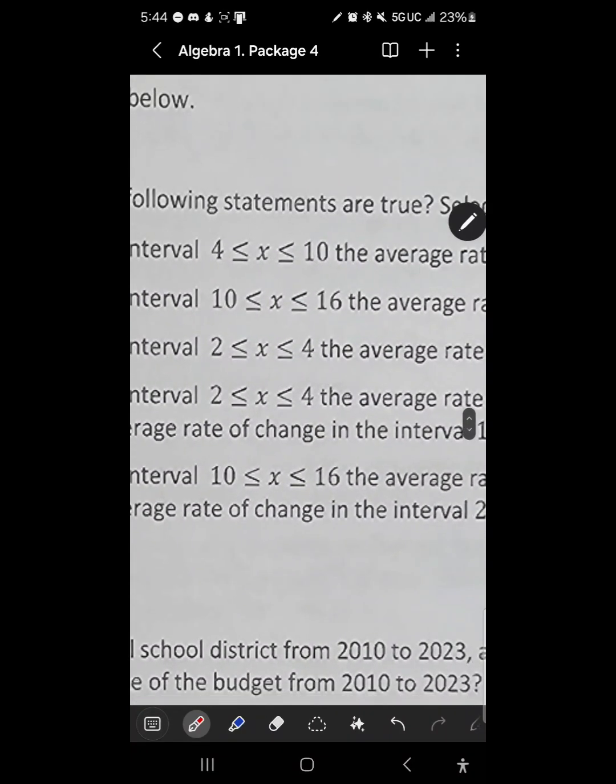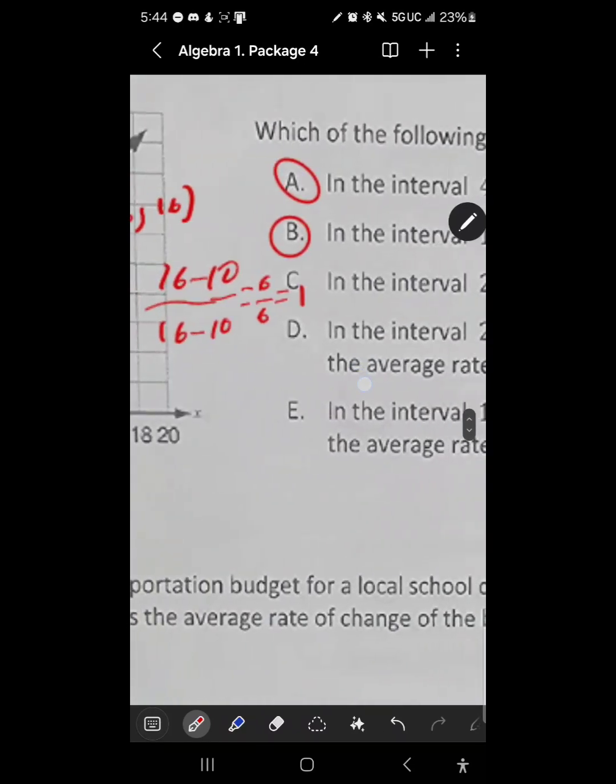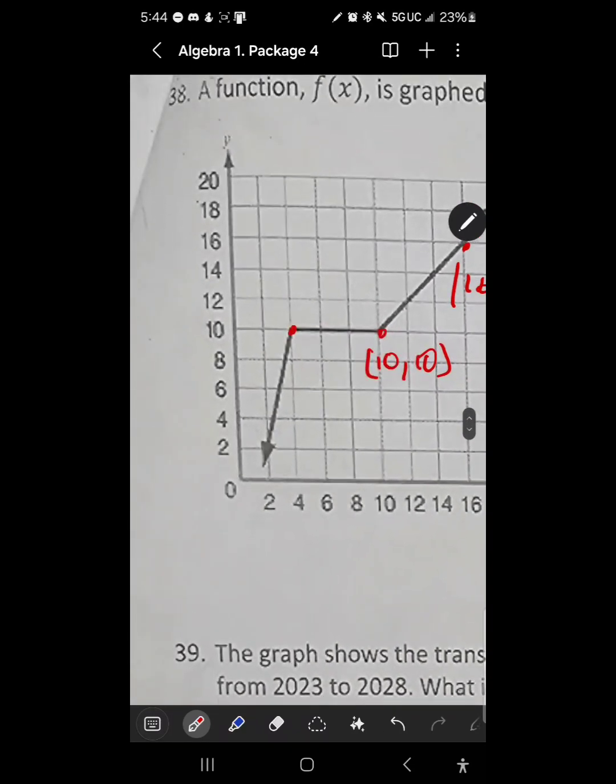Now, the average rate of change between 2 and 4 is decreasing. So it's going down. Let's see. 2 and 4. So 2 comma 2 and 4 comma 10. So let's see if it is negative. And if it is negative, it is decreasing.